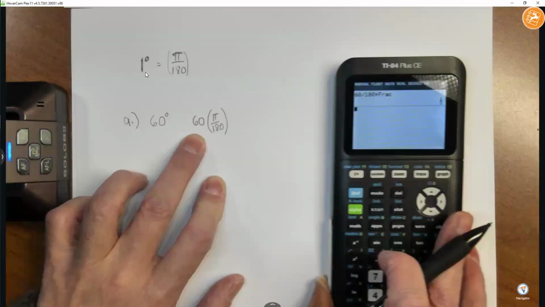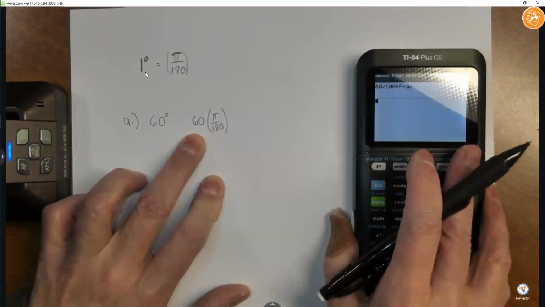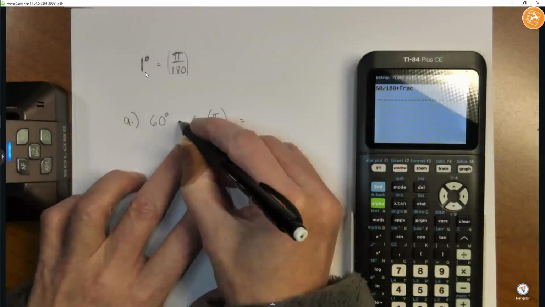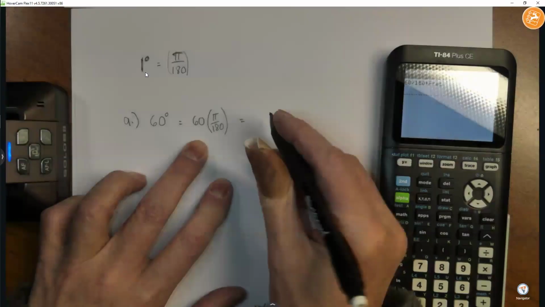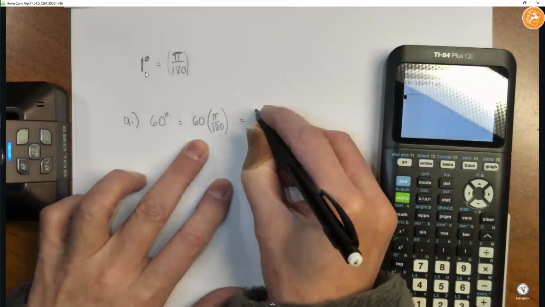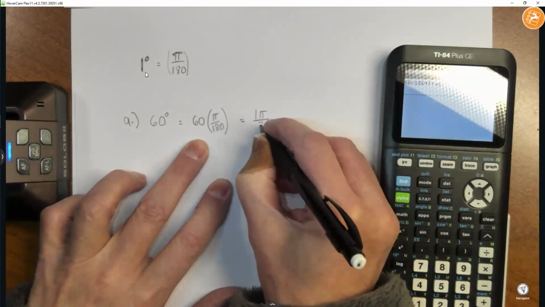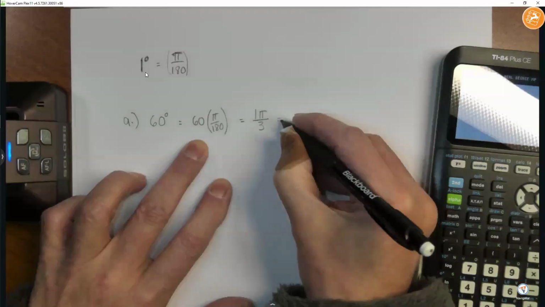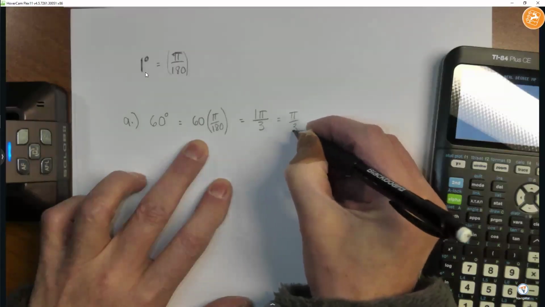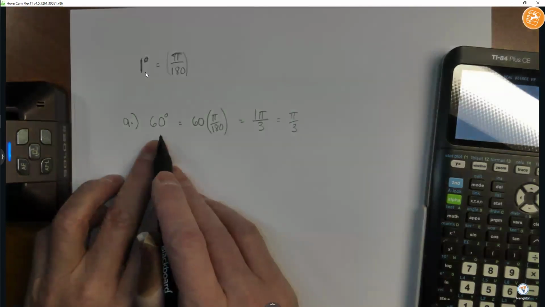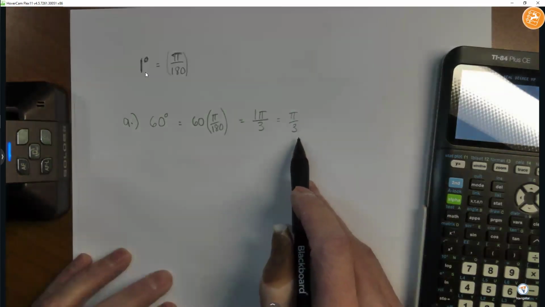That's just 1/3. Now don't forget, we still have the pi, so it's 1 times pi over 3. So 60 degrees is worth pi over 3 radians.